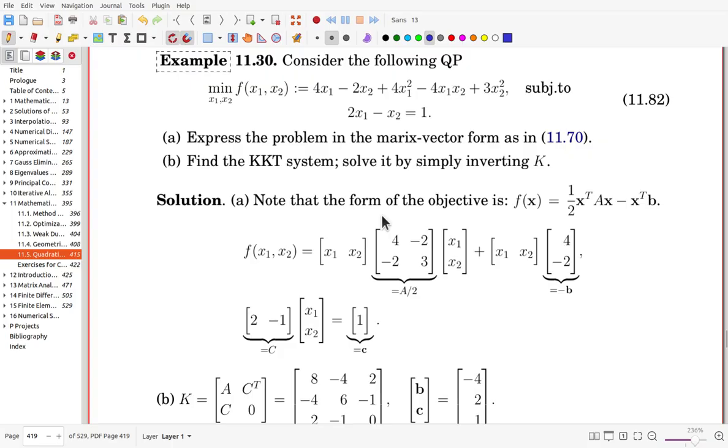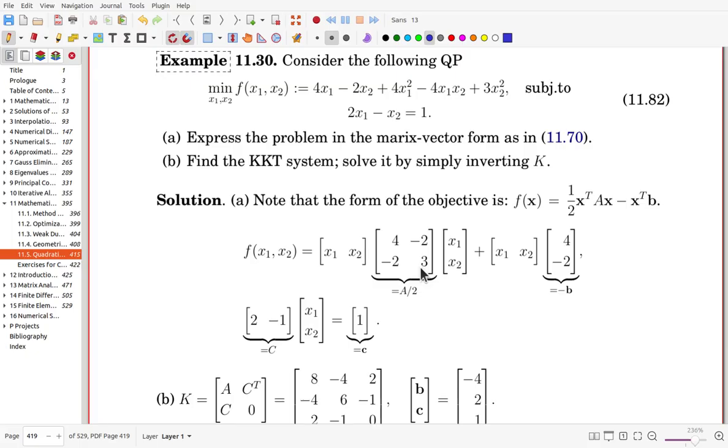Here, the objective function has this form. Now, from this one, we can get this system. For x1 squared, the coefficient is 4. And also, for the x1 x2 term, the coefficient is minus 4, so we put here half and half. And for x2 squared, the coefficient is 3, so we put it over there.